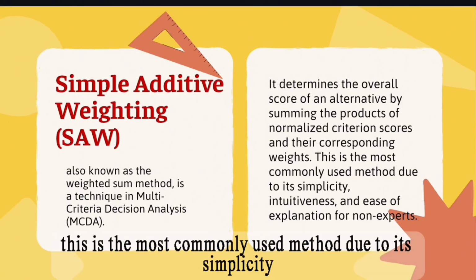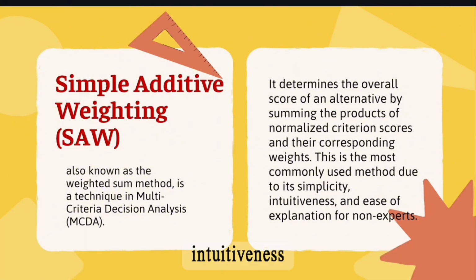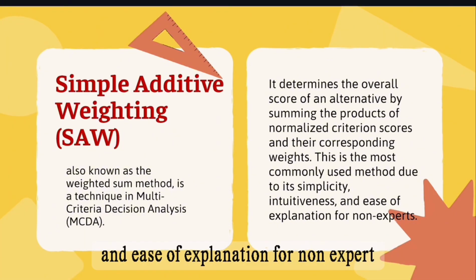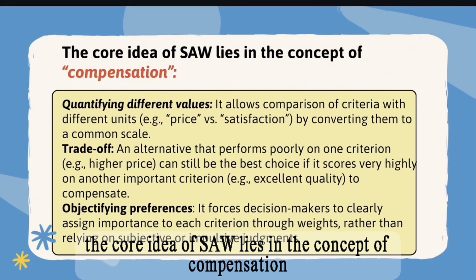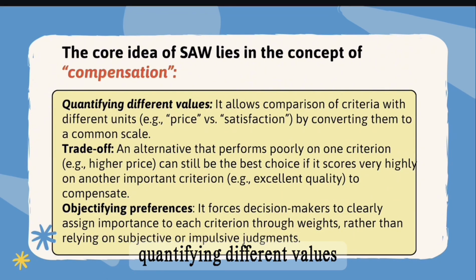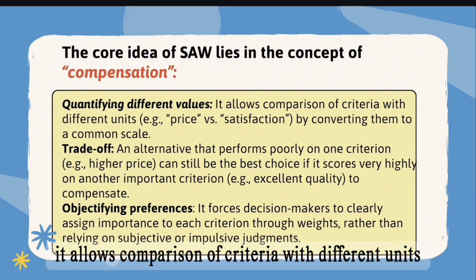This is the most commonly used method due to its simplicity, intuitiveness, and ease of explanation for non-experts. The core idea of SAW lies in the concept of compensation, quantifying different values. It allows comparison of criteria with different units.